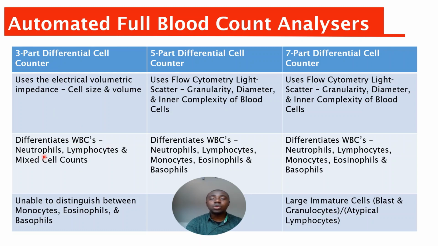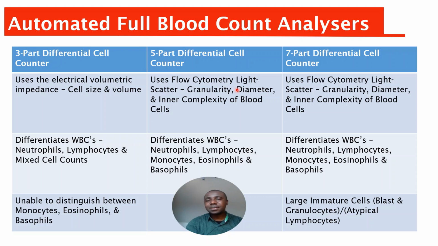Like I've told you, they are able to differentiate mainly neutrophils and lymphocytes, but they cannot differentiate the rest. So they will call the rest mixed cells. Because of that, they are unable to differentiate between the monocytes, eosinophils, and basophils. So those ones are called 3-part differential cell counters.